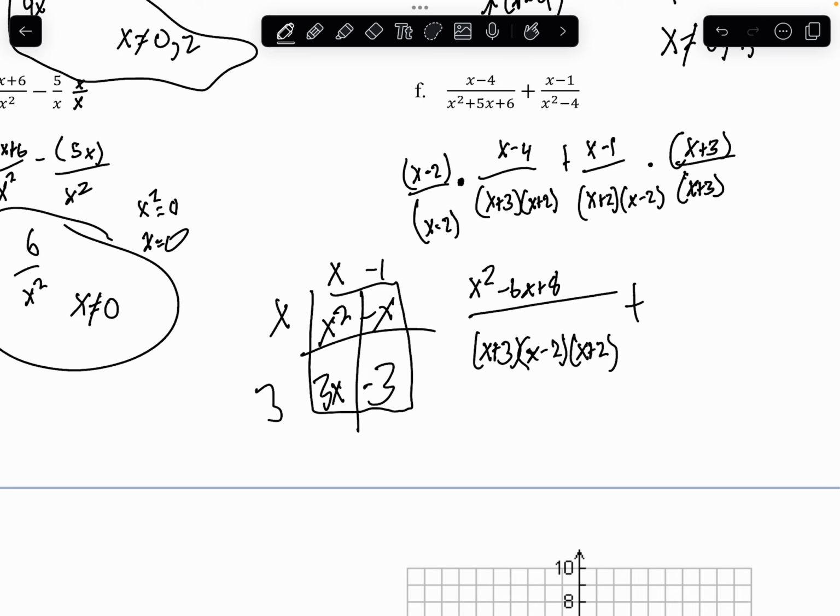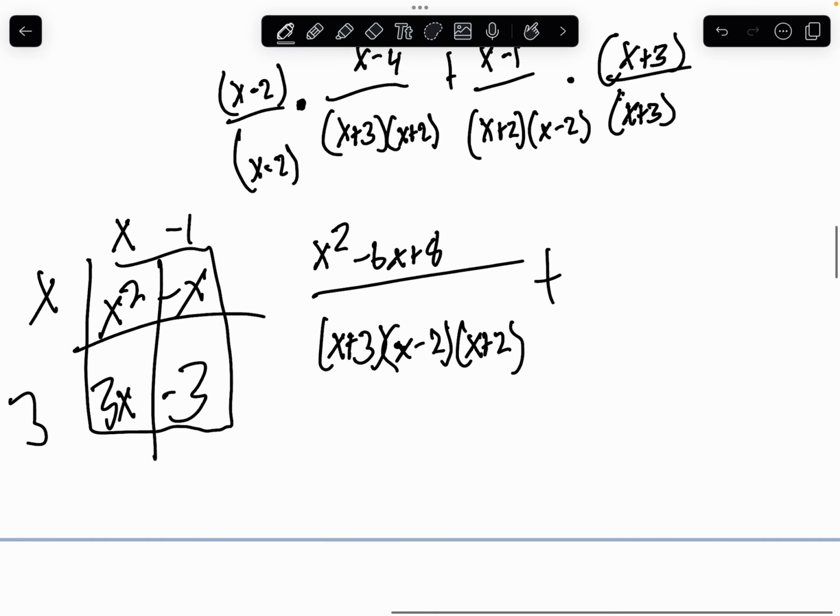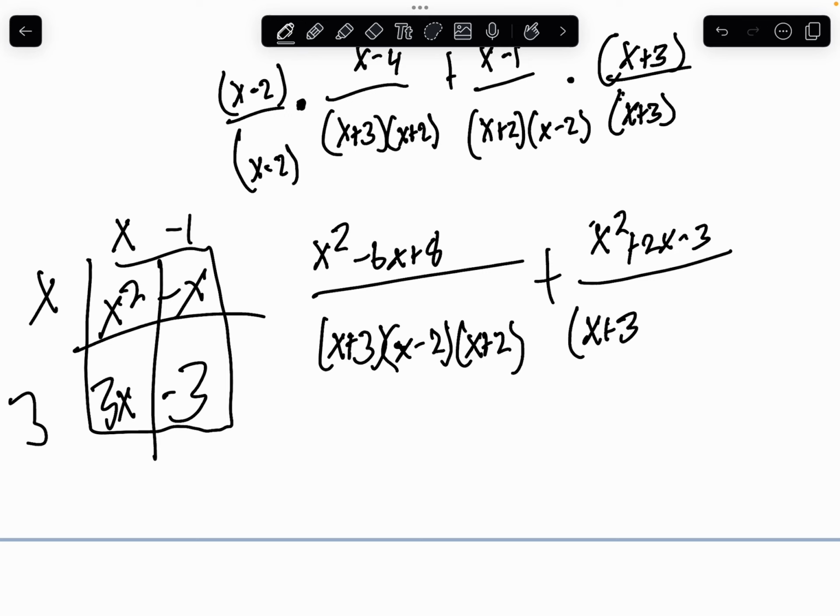So the right side is going to be x squared plus 2x minus 3 all over x plus 3 times x minus 2 times x plus 2.